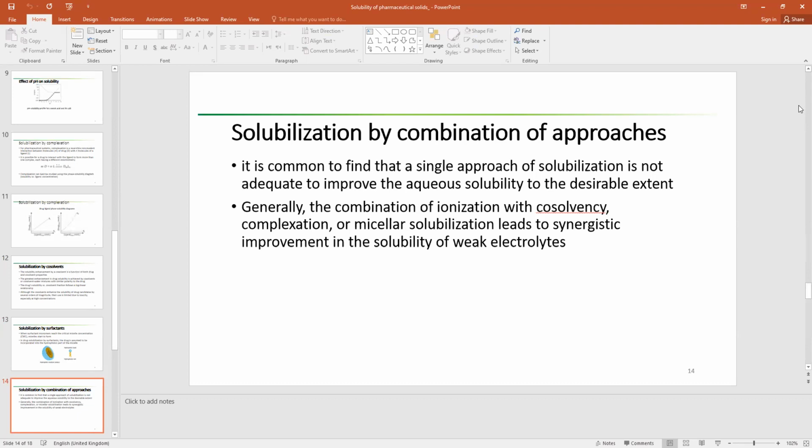Therefore, sometimes a combination of ionization with co-solvency, complexation, or micellar solubilization can show a synergistic improvement of solubility of weak electrolytes. And this is often what actually happens in the labs.